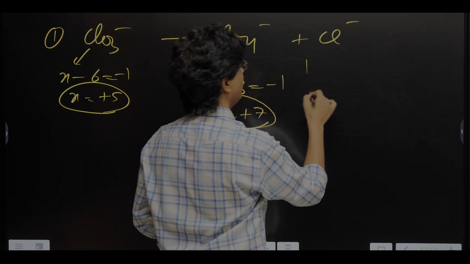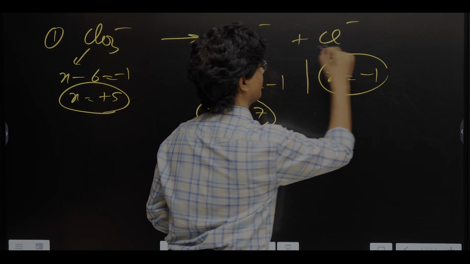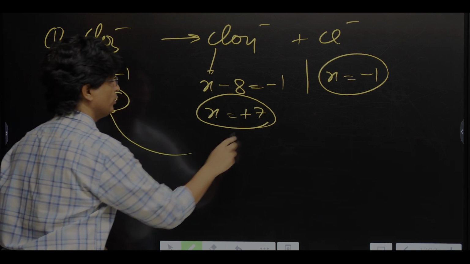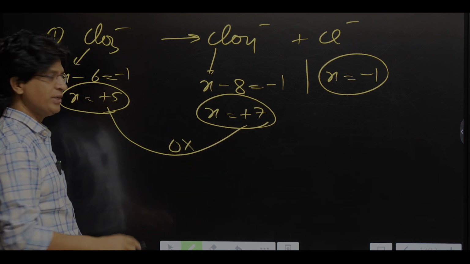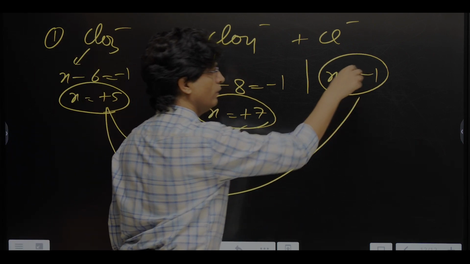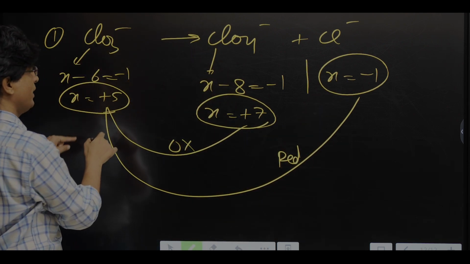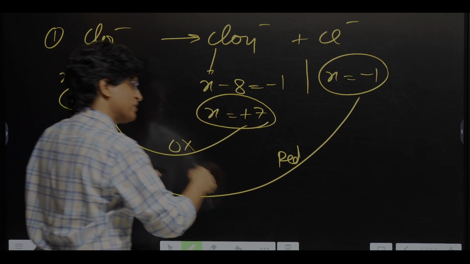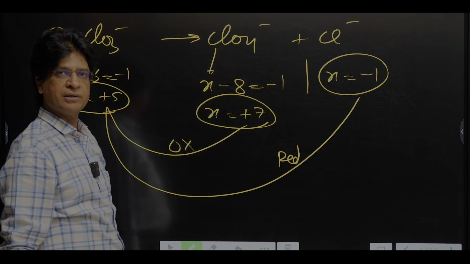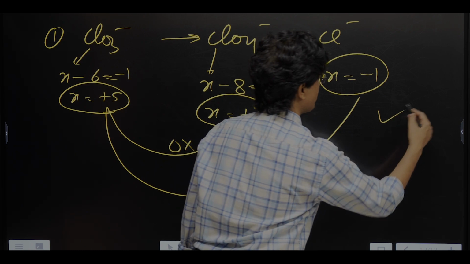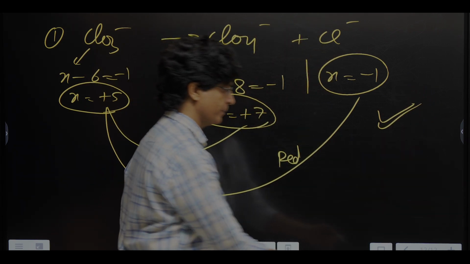And out here X equals minus 1 itself. So plus 5 going to plus 7 is oxidation, and plus 5 going to minus 1 is reduction. So the same element, chlorine, is going for oxidation as well as reduction. This reaction is in the category of disproportionation reaction. No doubt about it.